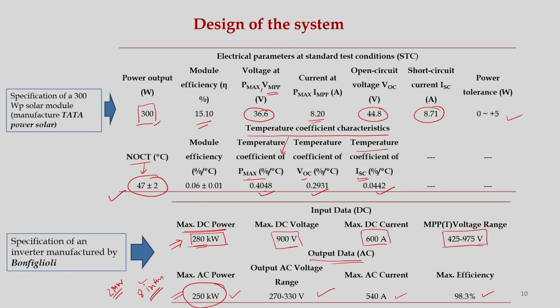So, that way we can do a lot of design calculations. 2 megawatt is 10 to the power of 6 watt, and in kilowatt it is 2000 kilowatt. If we divide it by 250, it will be 8. So, that is how we need 8 inverters for a 2 megawatt capacity grid connected PV system.